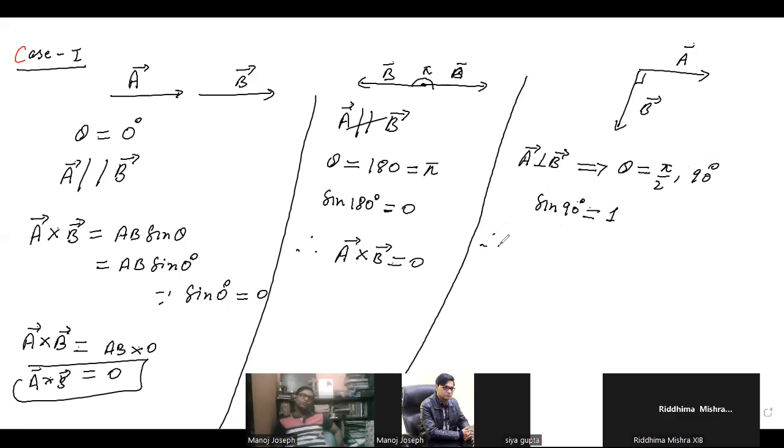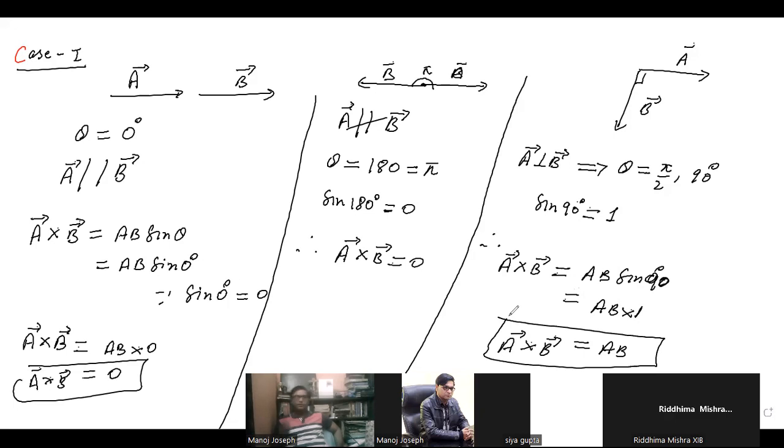So it is 1. So vector A cross vector B is equal to AB sine 90, AB into 1, so this will be maximum. So these are the three cases.